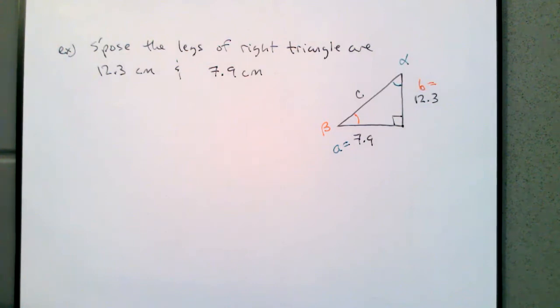So, good news, we can solve for any one of those three things, alpha, beta, or the hypotenuse C. Bad news, we just have to choose.